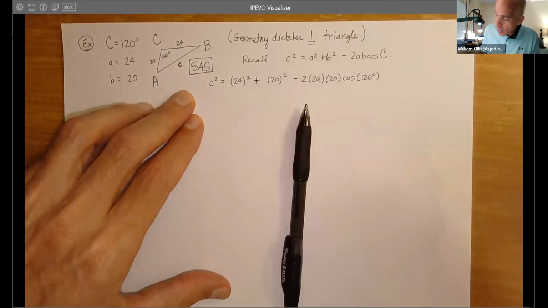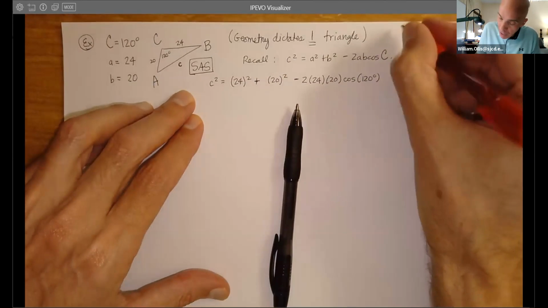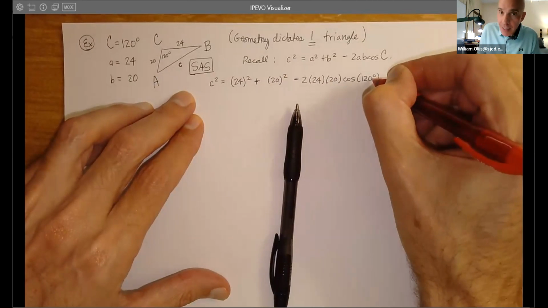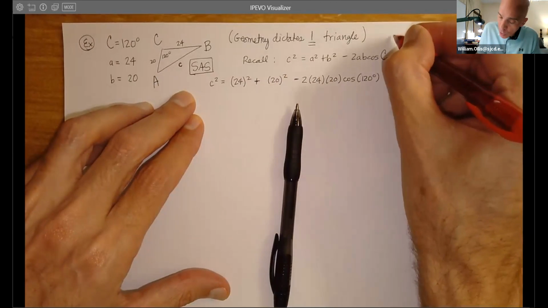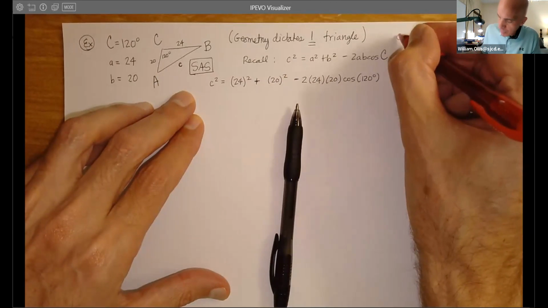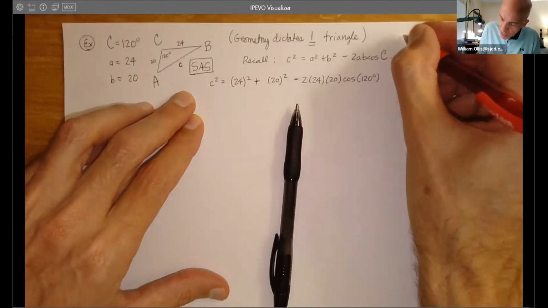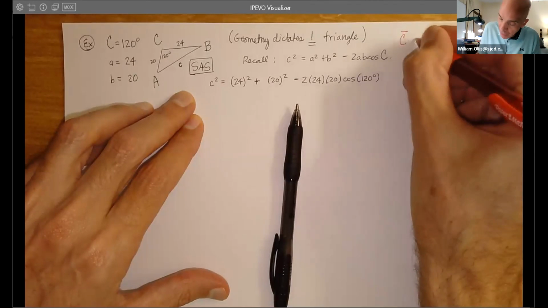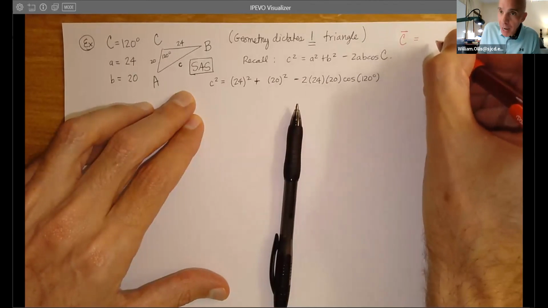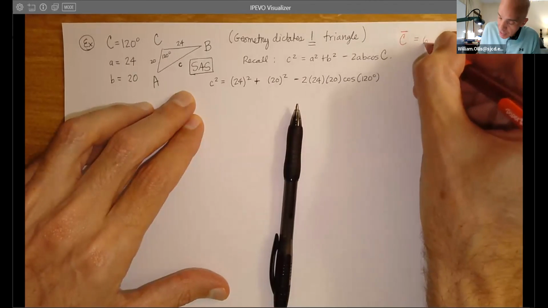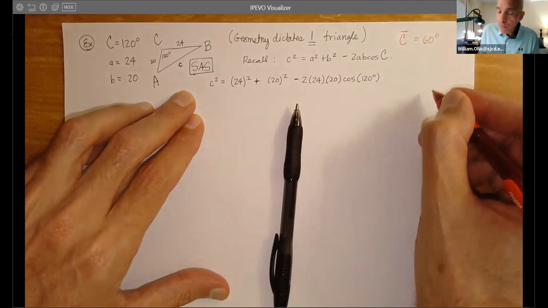So let's just go over here and remind ourselves. In this case, this is in the second quadrant. So if we have theta, well, let me not call it theta. We just call it C, what it is. So C bar is 180 minus 120, which is 60, the reference angle.